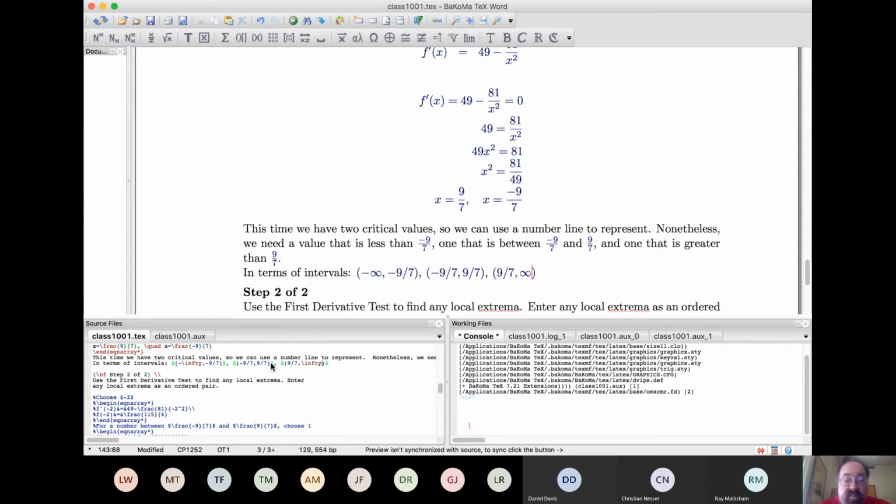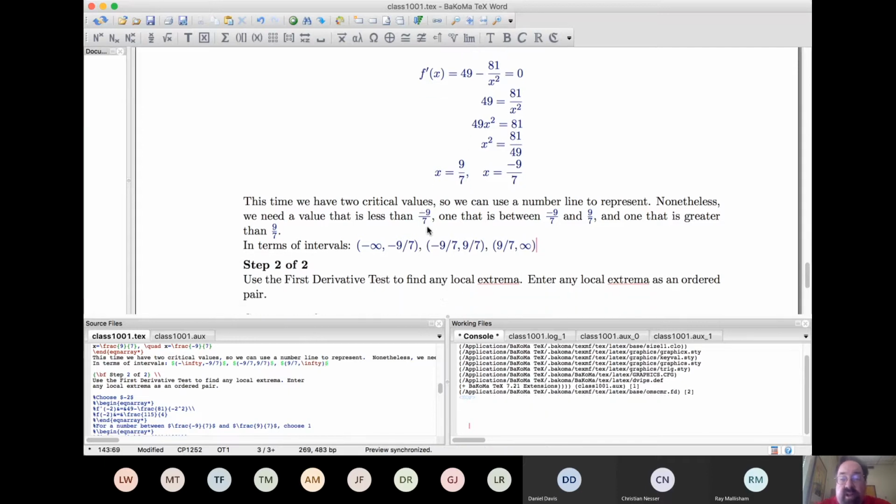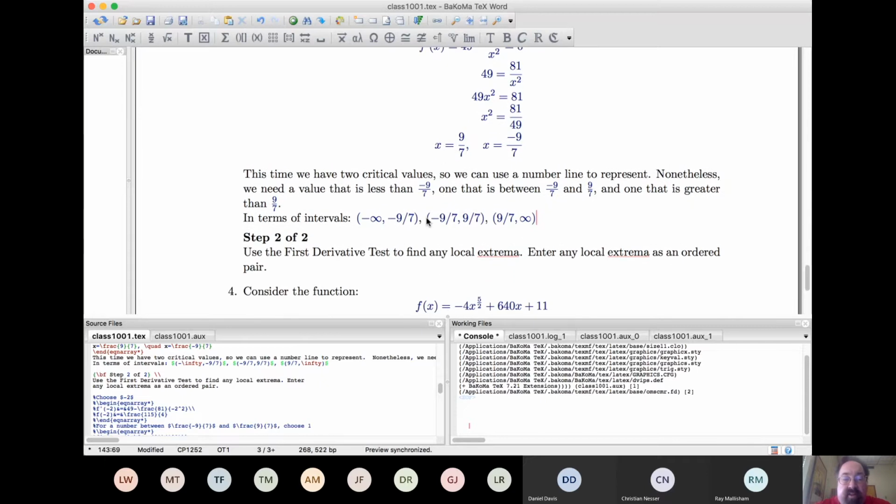All right, so you can use either perspective. So now we're going to use the first derivative test to determine whether these critical values are maxima, minima, or neither one.